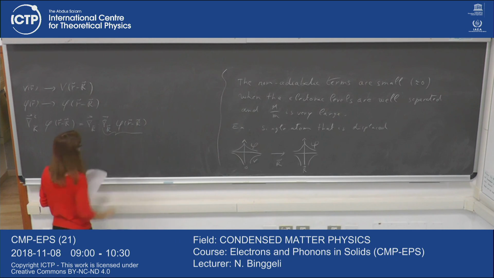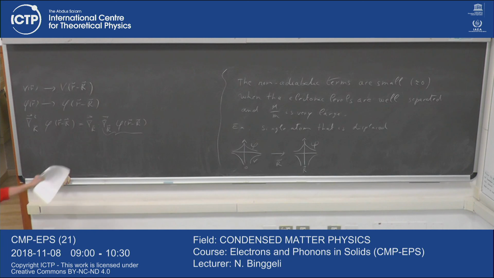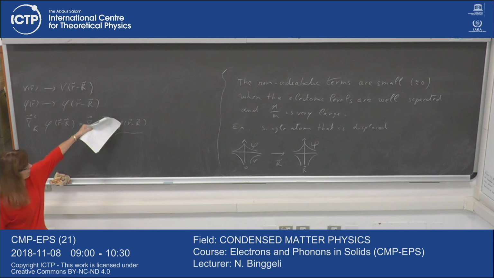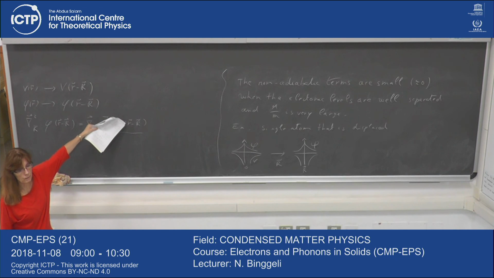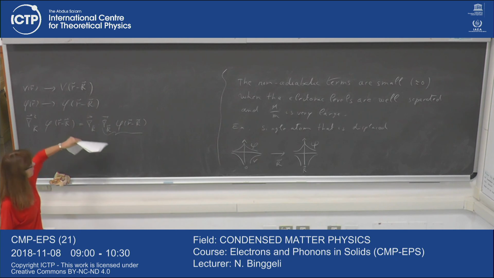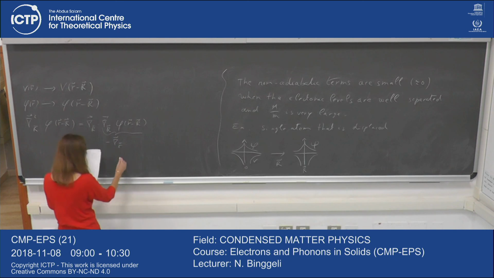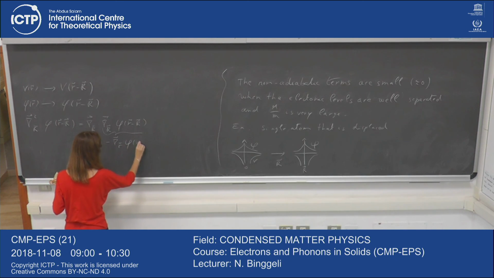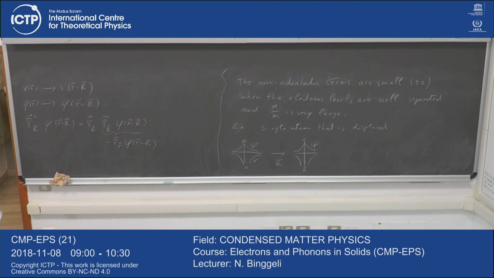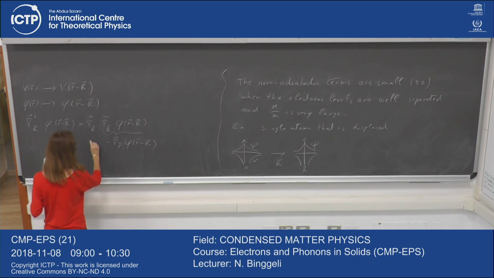When I derive this, I can also derive it with respect to the electronic position and change the sign. So it's equal to minus the derivative with respect to the small r of C of r minus capital R. And if I derive twice, then I recover the plus sign.